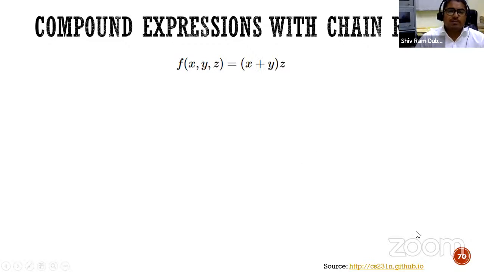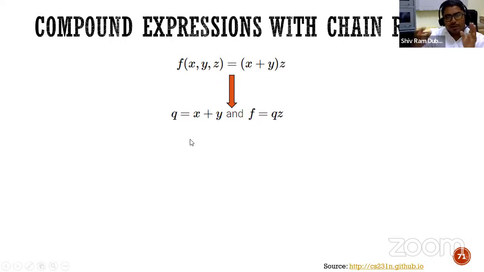So here we are having three parameters, x, y, and z, and our function is (x + y) times z. We can write this as a two-layer transformation mechanism. In the first layer, we are computing x + y, and whatever output we get of x + y, that is represented by q here, that will be used along with z in the second layer to compute f.